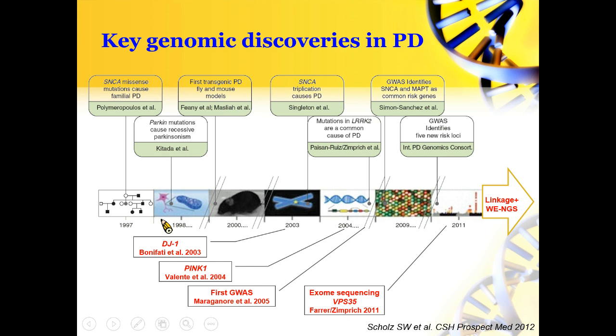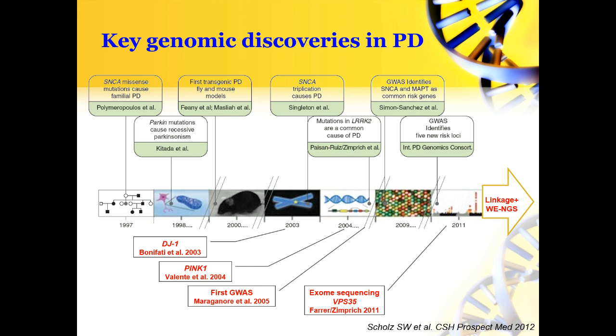The next year, a group from Japan led by Professor Mizuno identified that Parkin mutations are the major genetic cause of autosomal recessive juvenile onset PD. Subsequently, DJ1 and PINK1 were identified in autosomal recessive PD, whereas LRRK2 was identified in autosomal dominant PD.